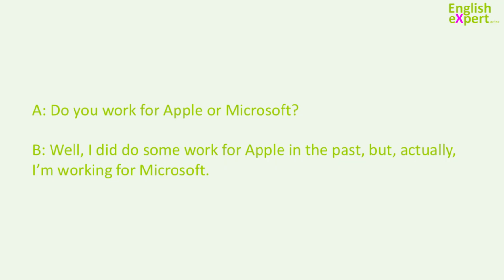I hope you chose the correct option. Option D. The speaker is trying to say that something is happening now. And this is why actually is the wrong word to use here. Actually is a false friend with some other languages.